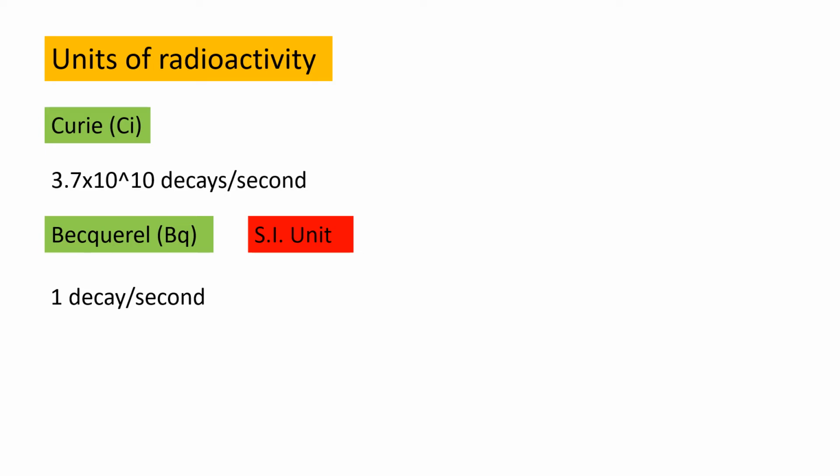So the curie is the larger one. If I say the radioactivity of this is 3 curies, the number of becquerels is going to be much larger, because 1 becquerel is just 1 decay per second.